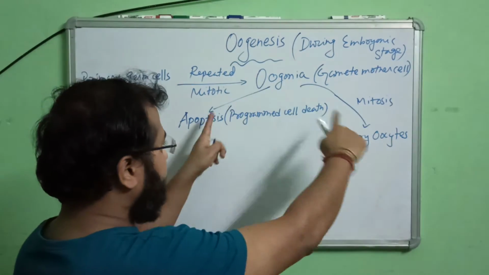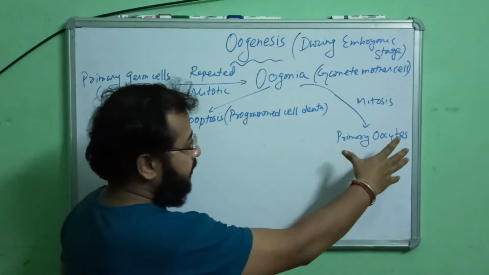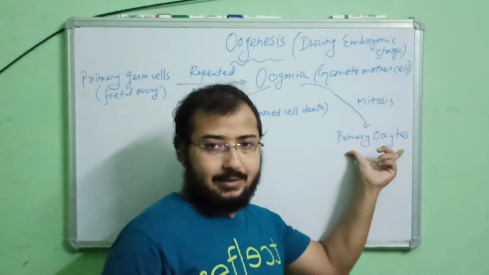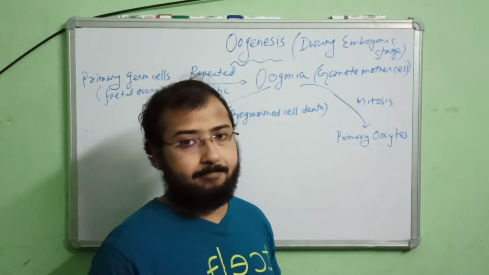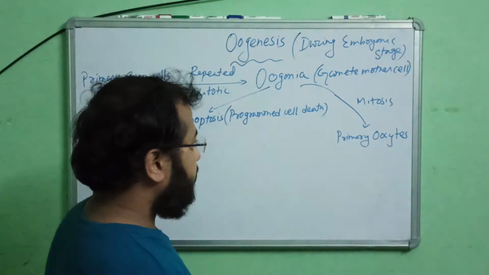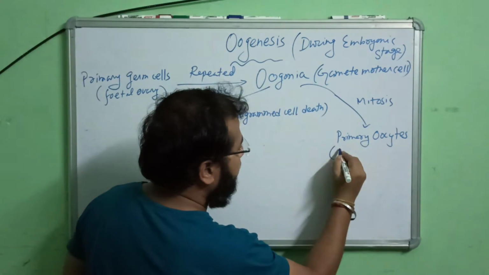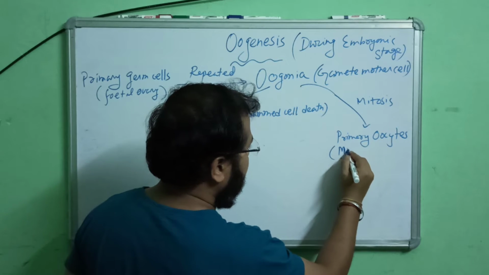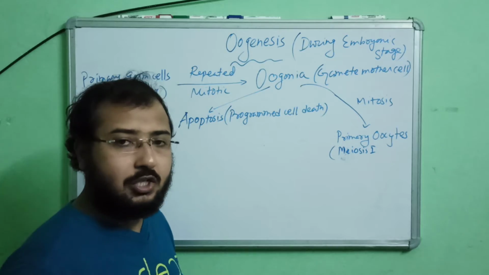So these two ways, remember this. The remaining oogonia become primary oocytes, which initiates the meiosis process. These primary oocytes will now undergo meiosis 1, the first meiotic cell division.